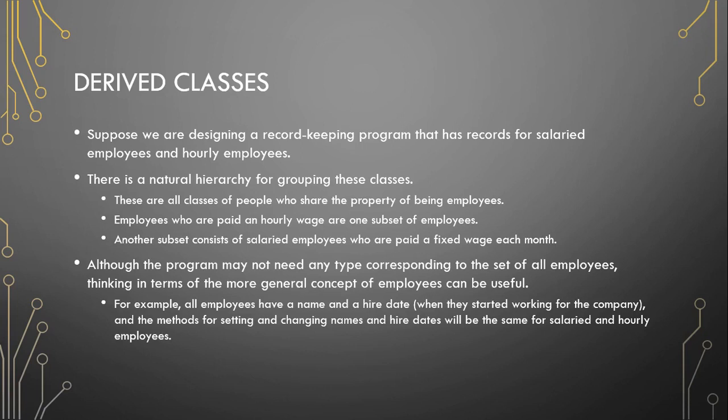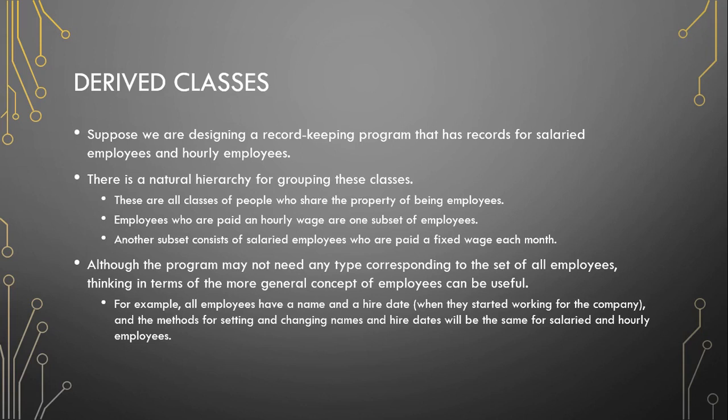Now, although the program may not need any corresponding type for the set of all employees, thinking in terms of more general concepts can be useful. For example, all employees have a name and hire date when they start working with the company, and the methods for setting and changing names and hire dates are going to be the same, whether they're salaried or hourly. So that in mind is going to help us design a general employee class.